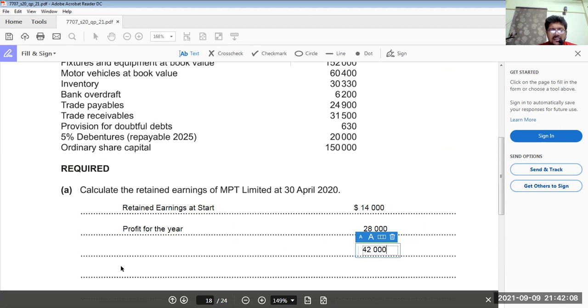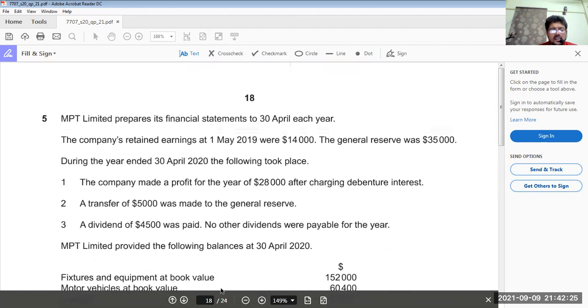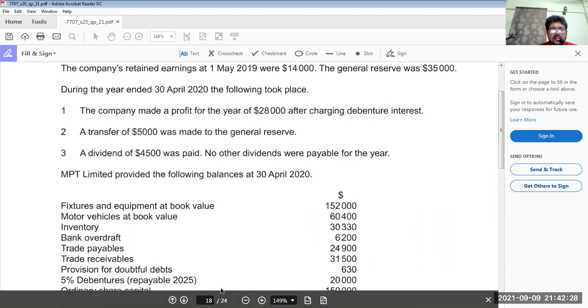Now we have to deduct general reserve for this year, 5,000, and dividend 4,500.